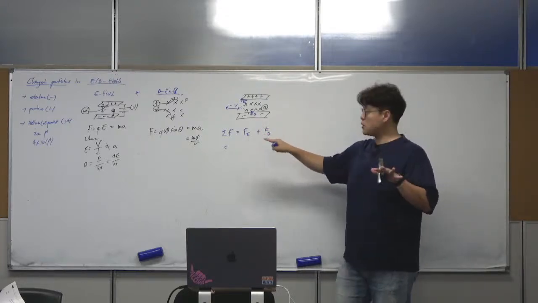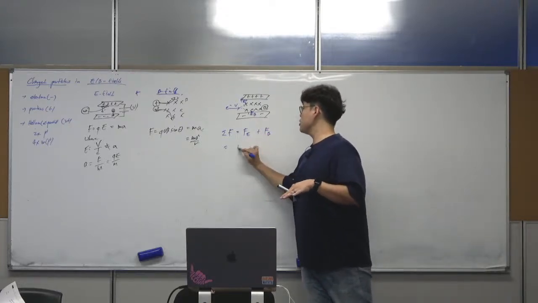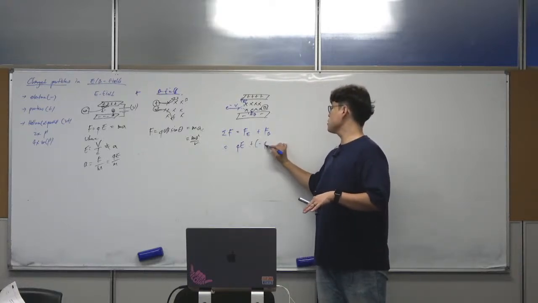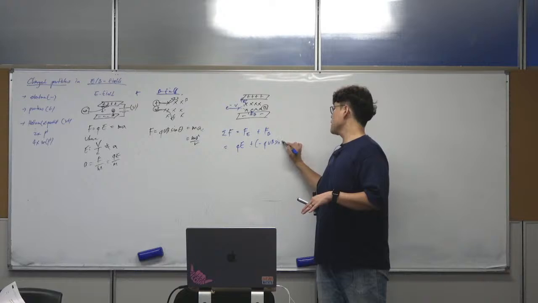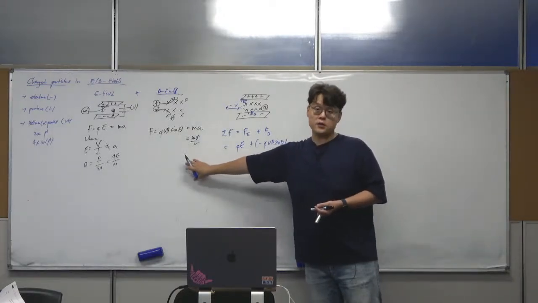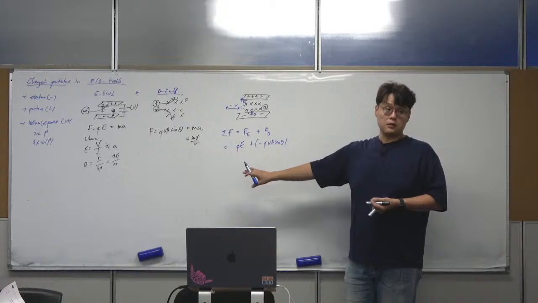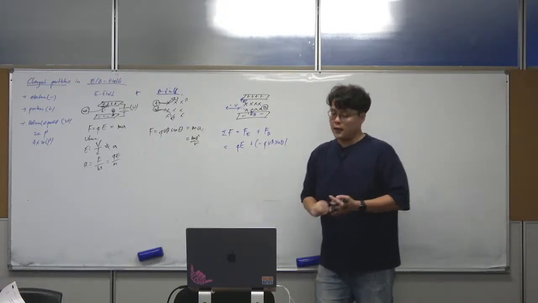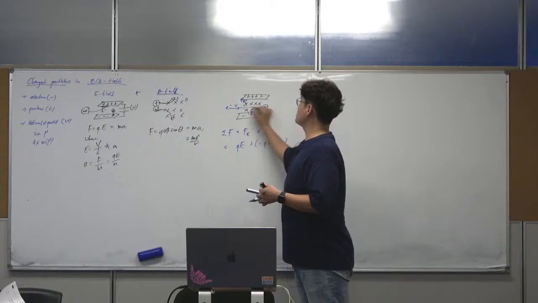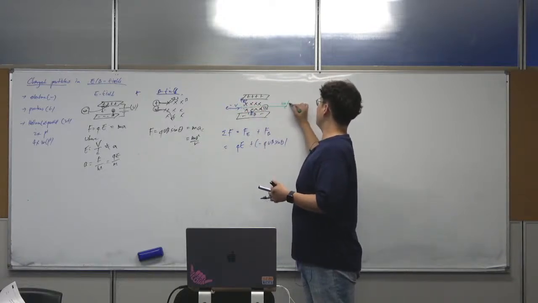So FE is QE, plus the minus QVB sine theta. Just substitute the values and formulas we learned. Does it make sense? Now, if the electron is undeflected, which means it goes straight, you call it undeflected.